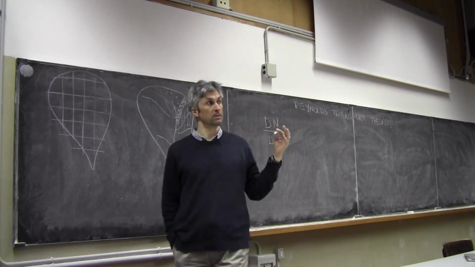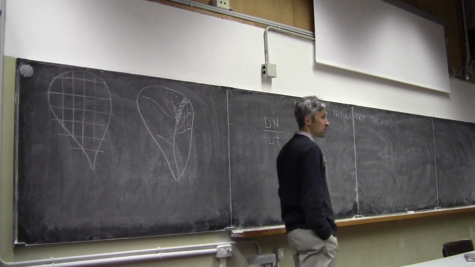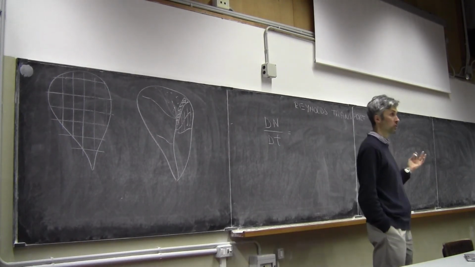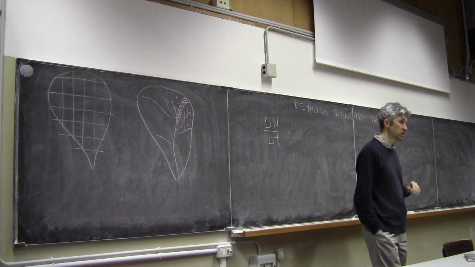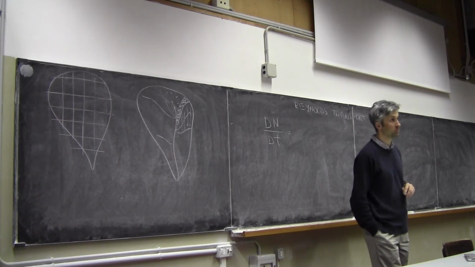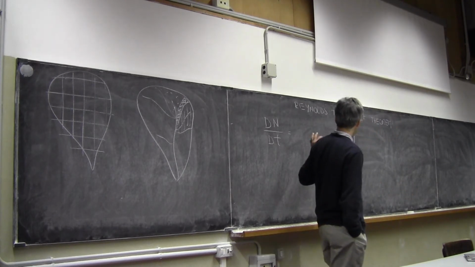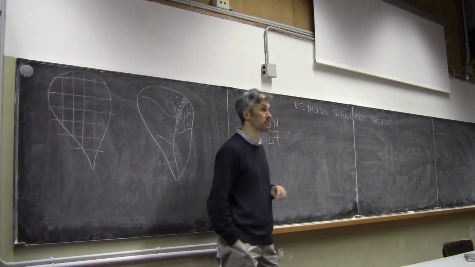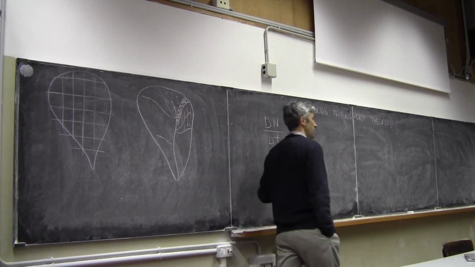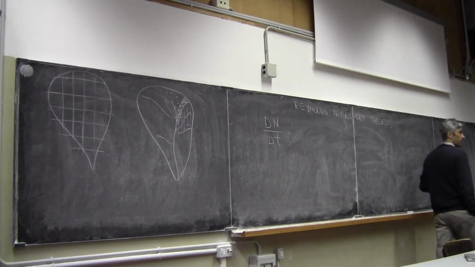Like mass. Mass of fluid is an extensive property. It is proportional to the volume. Energy is another extensive property. It's proportional to the volume. Momentum, again, is an extensive property. So we can use this formulation, the Reynolds transport theorem, to describe conservation of mass, energy, and momentum, and many others.